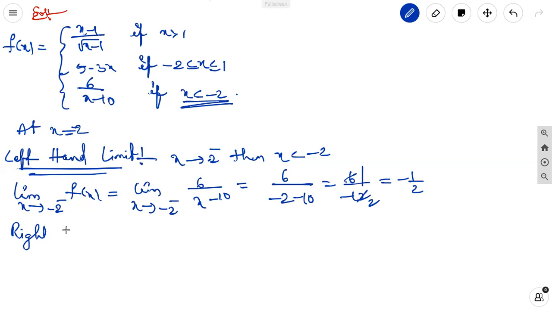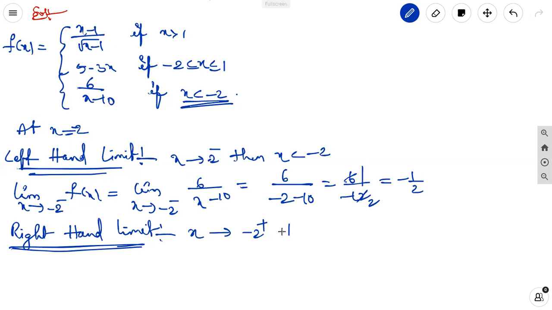Next, to find out the right hand limit. For right hand limit, we take x tends to -2 plus, then the x value is greater than -2. So that is in the limit of 5 minus 3x, where -2 is less than or equal to x, that is nothing but x is greater than or equal to -2.